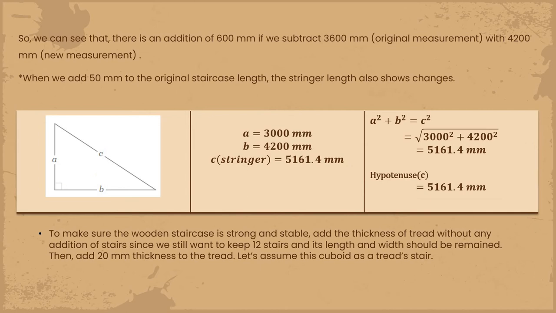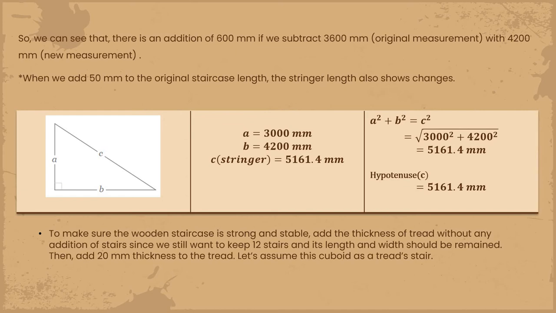We can see that there is an addition of 600 mm if we subtract the original one, 3600 mm, from the new one, 4200 mm. And if we add 50 mm to the original tread length, the stringer length also changes.